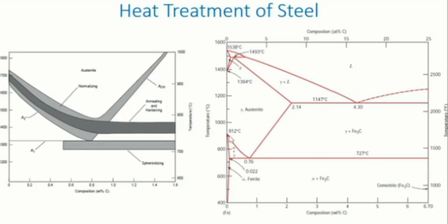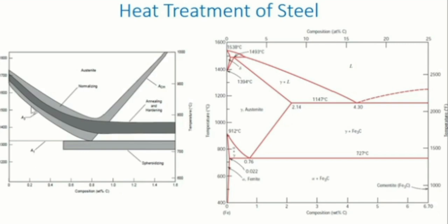This part of the V is the A3, while the other one is the ACM. So you must heat within this region of V, heating up to V, at least 55 degrees. So if you are heating at this point, then you add 55 degrees above. Then that's when it will be fully austenized, right? Then you hold it at that temperature and then you cool. This is normalizing. So if you are heating at 0.2% carbon, it means you'll heat up to here.